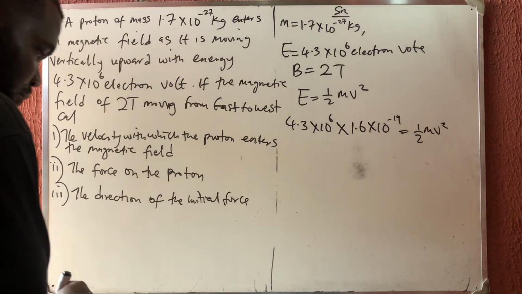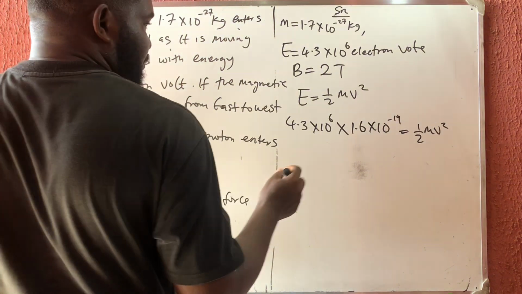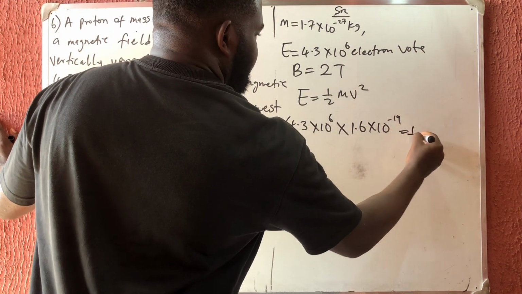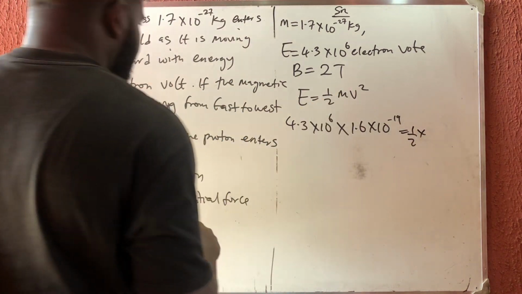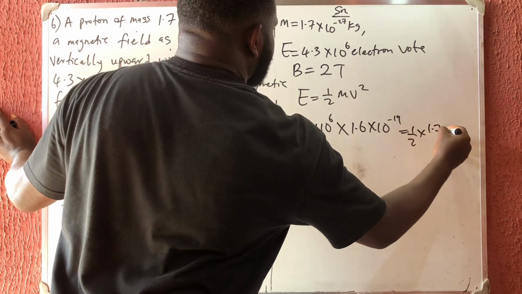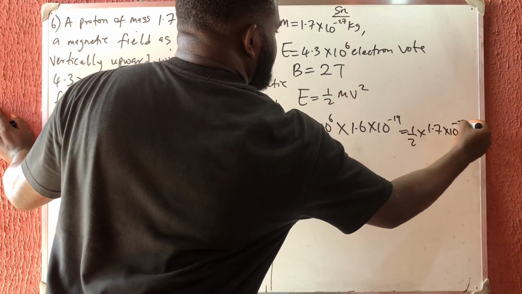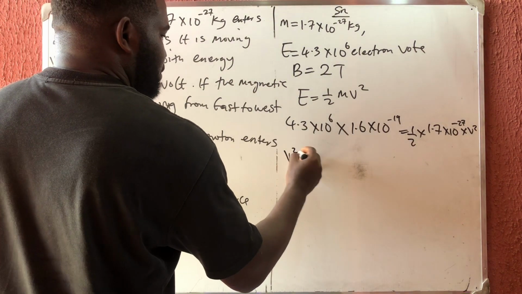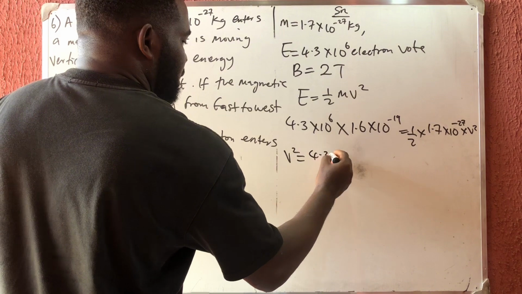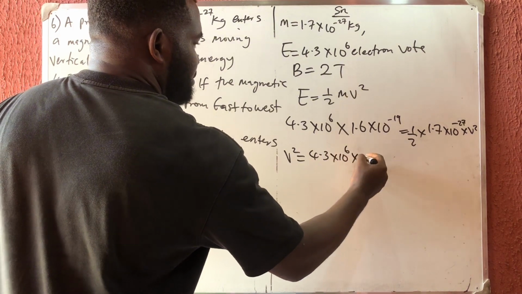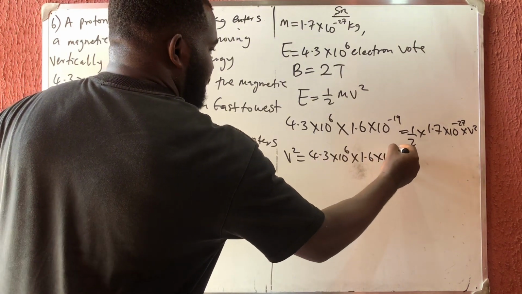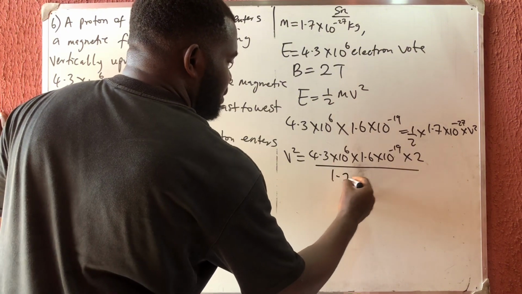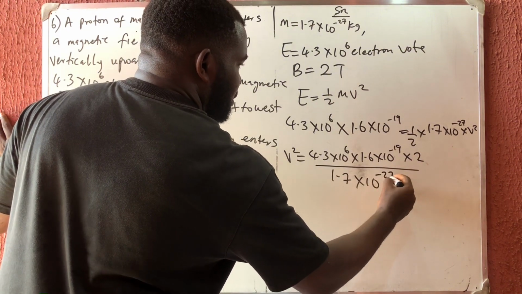Half times my m, which is 1.7 times 10 raised to the power minus 27, times v squared. So v squared is equal to 4.3 times 10 raised to the power 6 times 1.6 times 10 raised to the power minus 19 times 2, divided by 1.7 times 10 raised to the power minus 27.